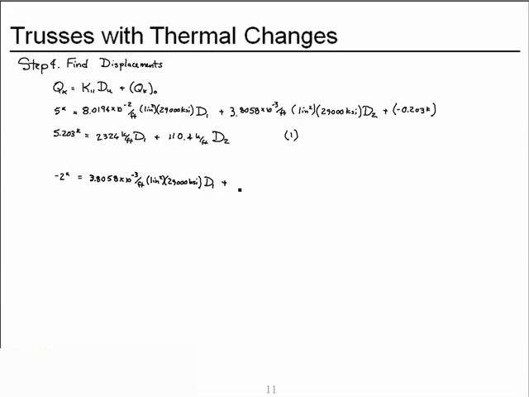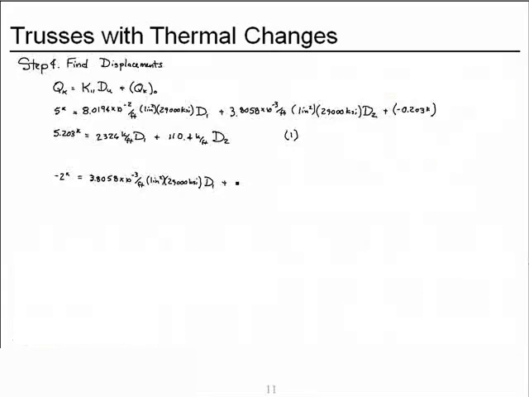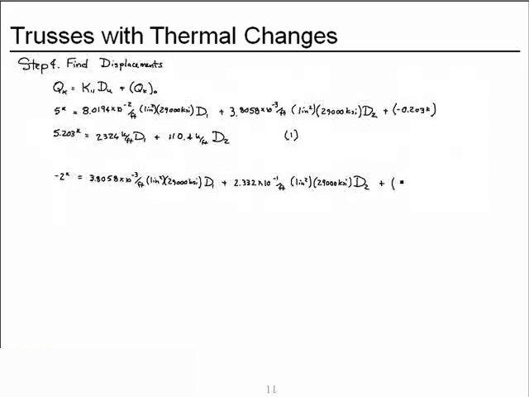Then our other coefficient, force generated in degree of freedom 2 due to deformation at degree of freedom 2, 2.332 times 10 to the minus 1 per foot times A times E times our unknown displacement d2, and to which we add our fixed end force, which we calculated to be this, 4.727 kips.